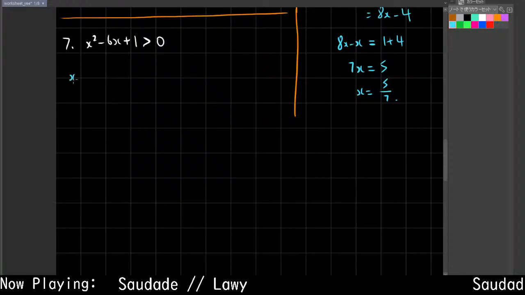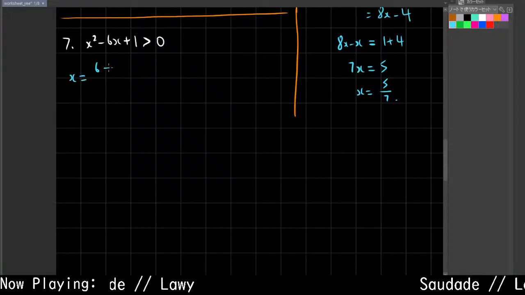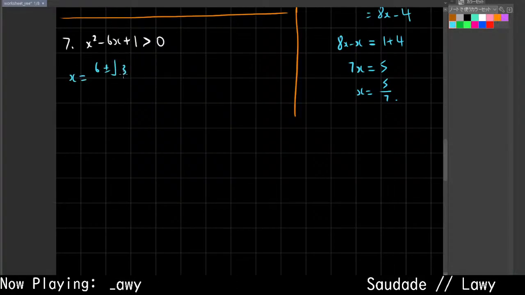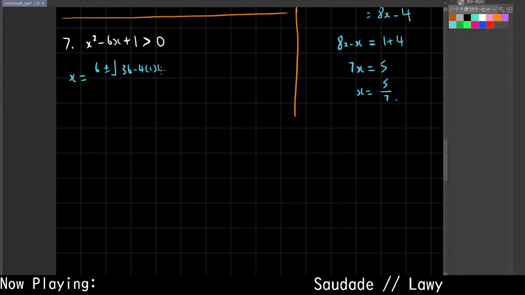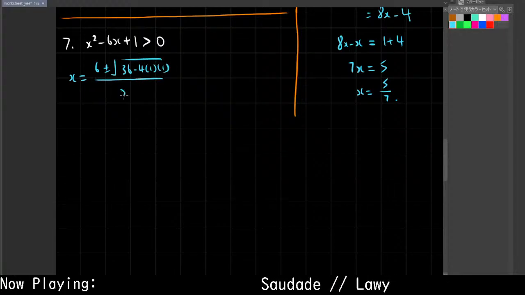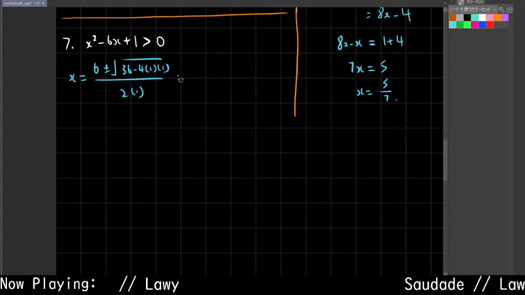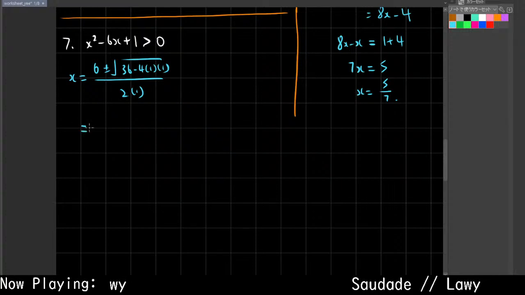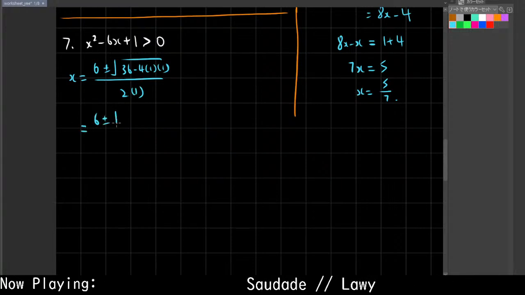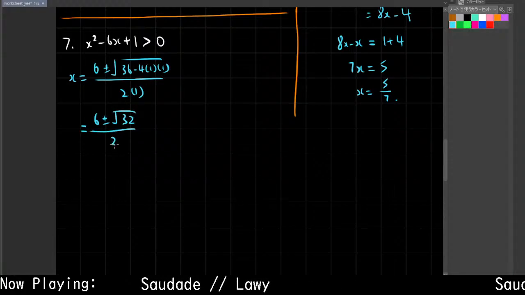I will use the traditional way. x equals negative b plus minus the square root of b squared minus 4ac, over 2a. This will be equal to 6 plus minus the square root of 32, over 2. 32 is 8 times 4.